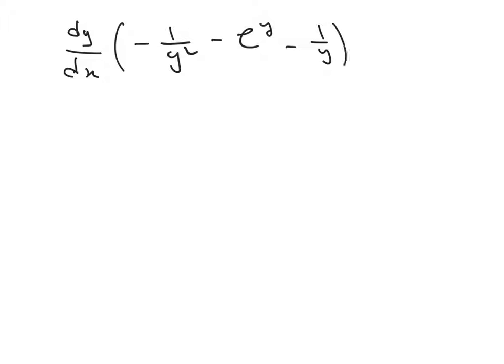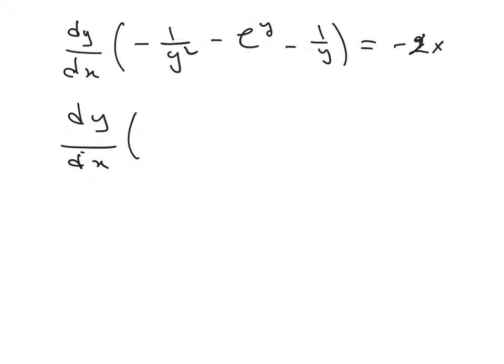We now put all terms with dy over dx on the left side. So dy over dx factored out, minus 1 over y squared, minus e to the power y, minus 1 over y, equal to 2x.